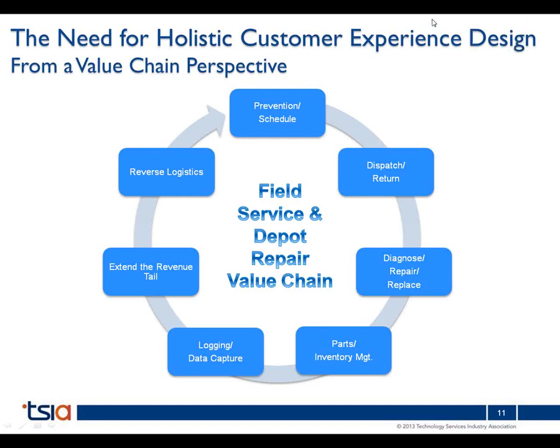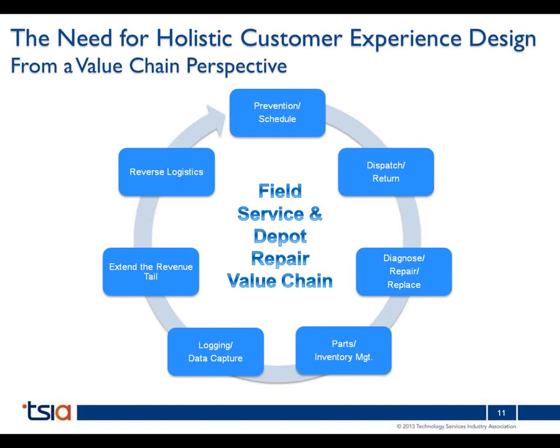As Randy talked about, of course we'd like to prevent the incident from happening, but when it does, we have to schedule it, and we have to dispatch both parts and people to get to the customer location. But then what happens in terms of the diagnosis and the repair time, and how are you going to go about conducting that repair?